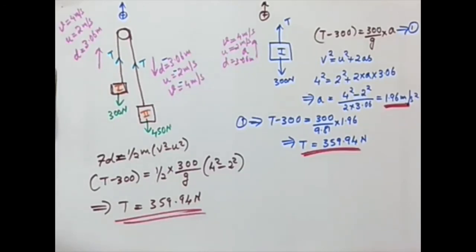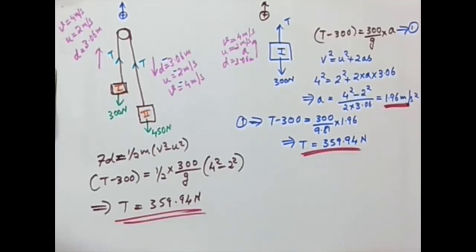So you need to think about which is the best way of solving. All the ways are going to give you the right solution, but the best way depends upon the parameters you are having. If you are having acceleration in hand, you can think about D'Alembert's principle to solve for a force. If what you have is the initial and final velocity along with displacement, the easier option is to go for our work energy principle.